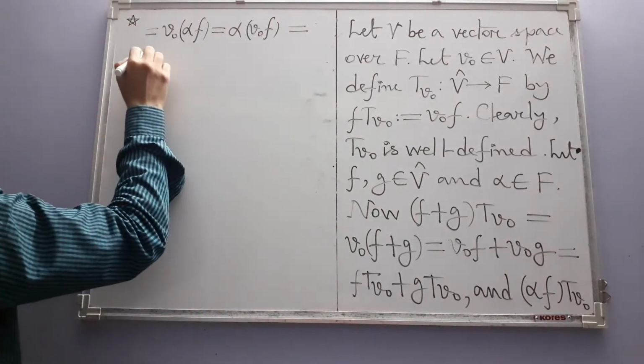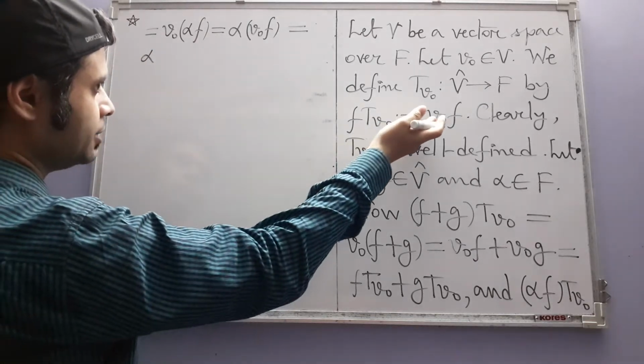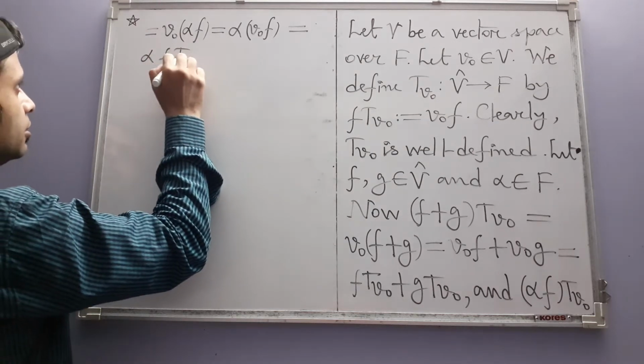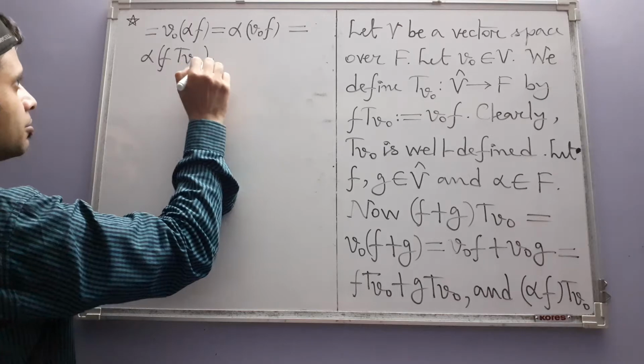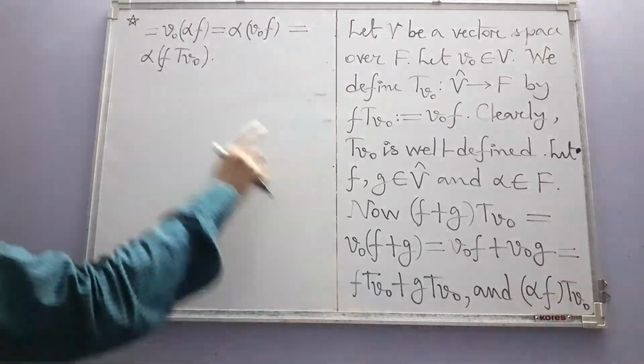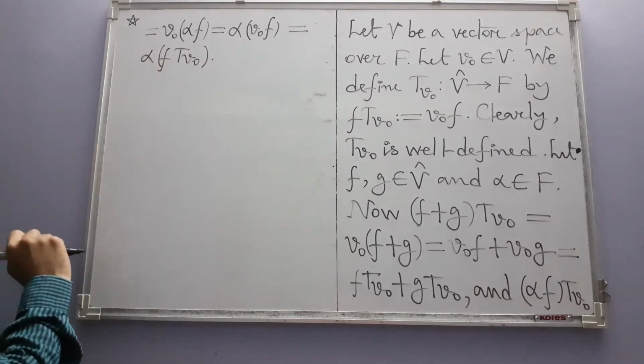And this of course is alpha times. So again you apply the definition. So this becomes f t v naught. So applying t v naught on alpha f gives us alpha times the value of t v naught at f.